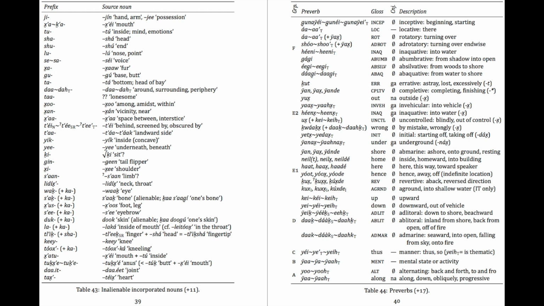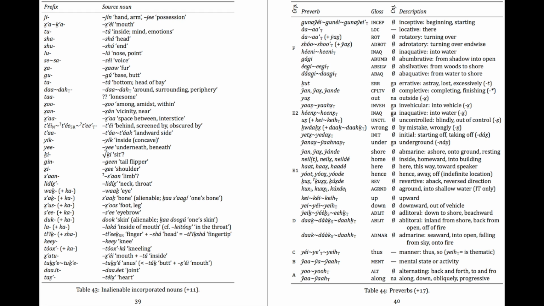Hini and hini. Inacquative, into water. So hini comes before it. That just means whatever the verb is going on, it's going into the water, like jumping or something. Hini would pop up right before.